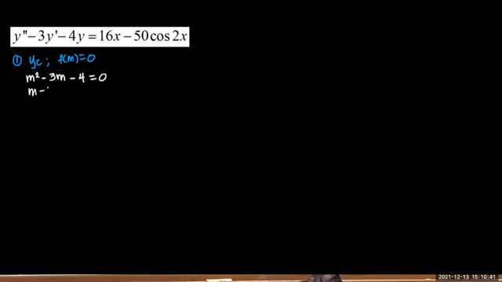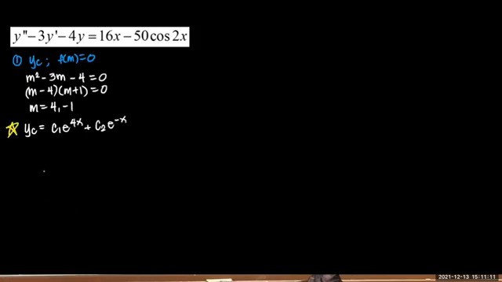So m minus 4 and m plus 1 equals 0. Therefore, you'll get either 4 or negative 1. So for this, you can already obtain your yc. Your yc is c1 e to the 4x plus c2 e to the negative x. No problem with this. Let's put a star because we'll be needing this later on.